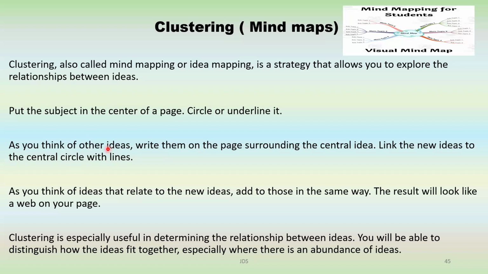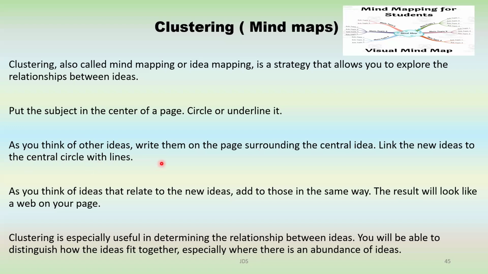As you think of other ideas, write them on the page surrounding the central idea. So you have the central idea and all the other ideas you have to write as branches. Link the new ideas to the central circle with lines.